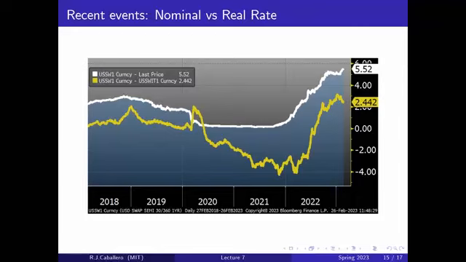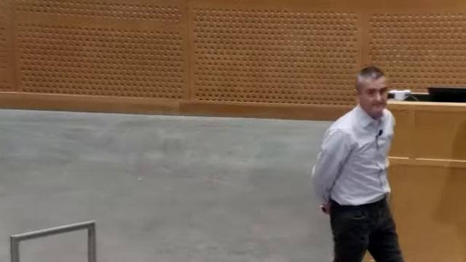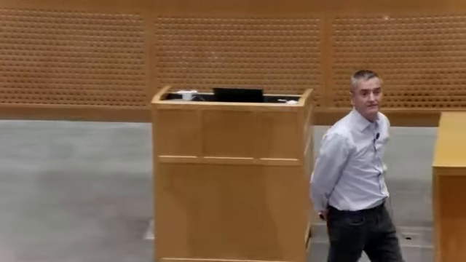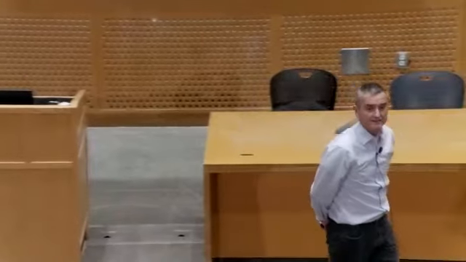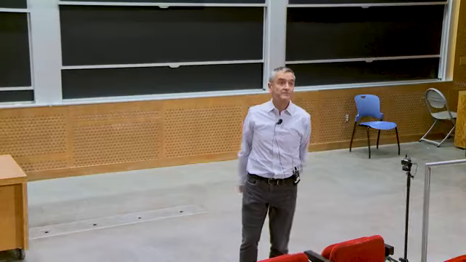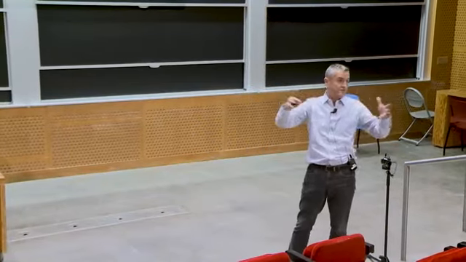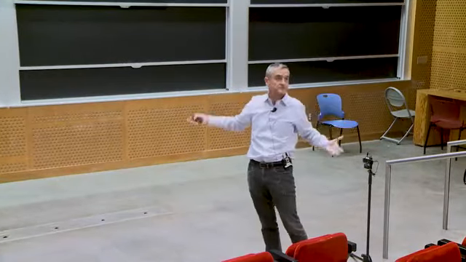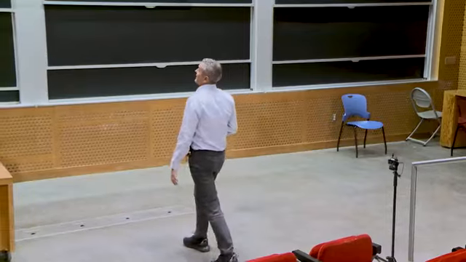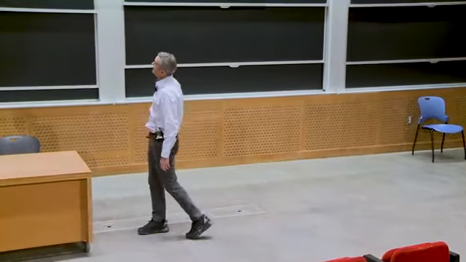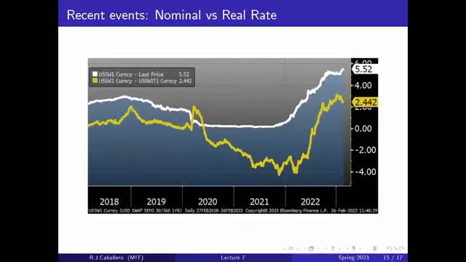Why is that? Yeah. Positive inflation, expected inflation, but they're correlated. When inflation is on average positive, then expected inflation is also on average positive. There's an exception there. Why is that? When does it happen?